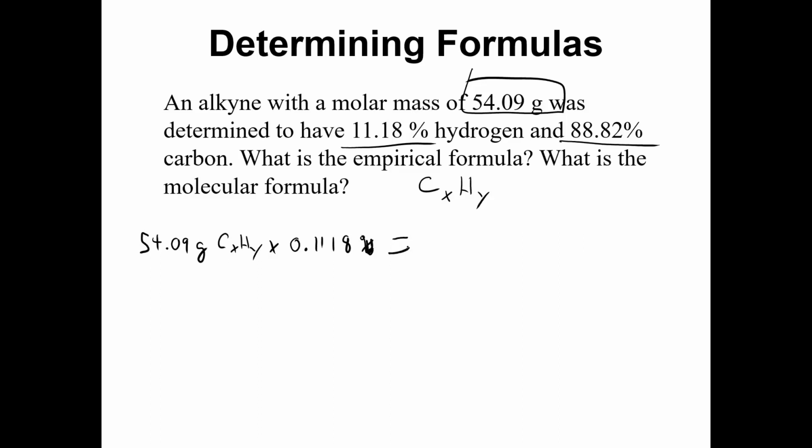Okay, I end up with 6.047 grams of hydrogen. And if I convert that to moles, 1 mole is equal to 1 gram. I end up with 6.00 moles of hydrogen. And so I already know that Y is equal to 6.